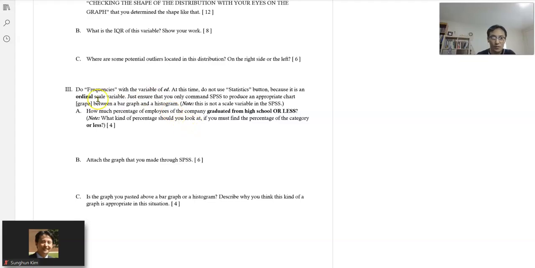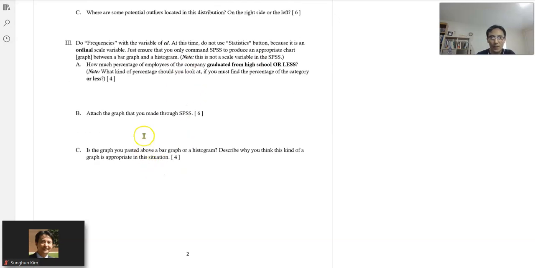You're going to draw a graph here particularly, and then, based on the frequency distribution table, look at this: how much percentage of employees of the company graduated from high school or less.